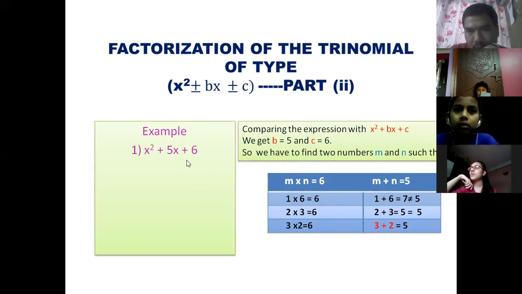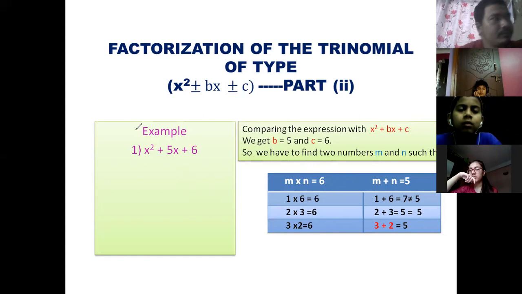Okay. The question is asking, look here, to factorize x square plus 5x plus 6. In this question, what should we do? Look here.